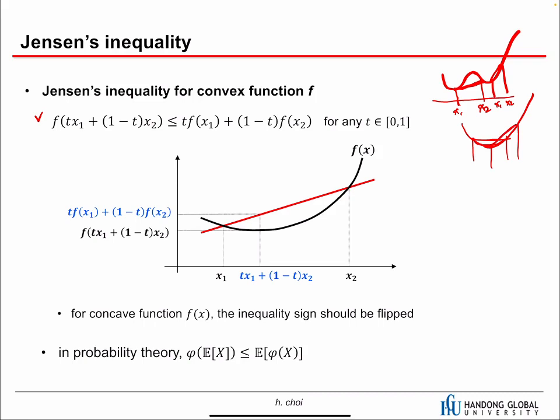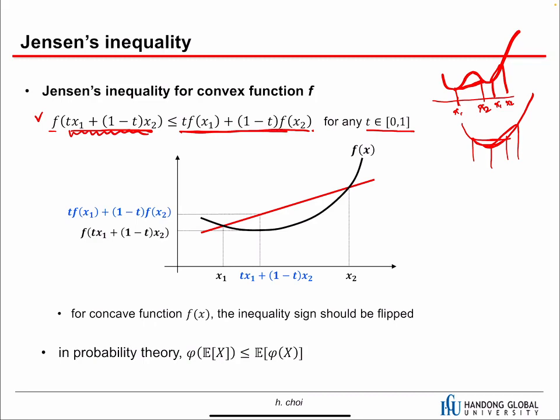So when the function is convex, the function of this is lower than, or at least equal to, this, for any t. t is between 0 and 1. Look at this one. This one is actually the weighted sum of x1 and x2.